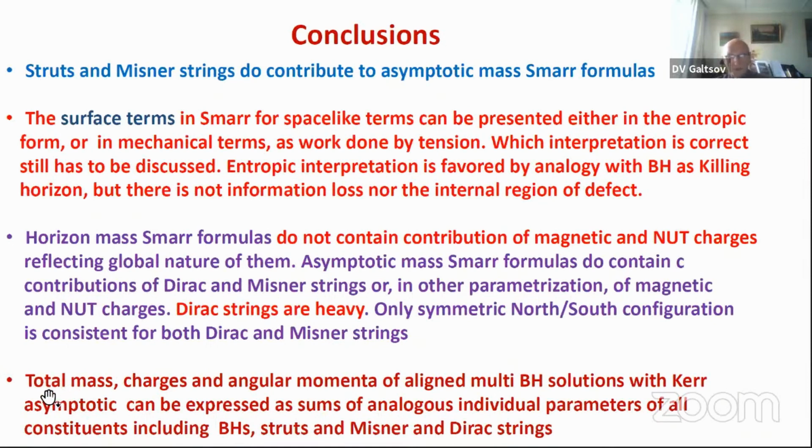And finally, the multi-component solutions can be just treated simply: the mass and the angular momentum of a multi-component solution are just additive quantities. They are added like numbers. There is nothing nonlinear in the superposition, while the gravitational field, of course, itself is effectively a nonlinear superposition.